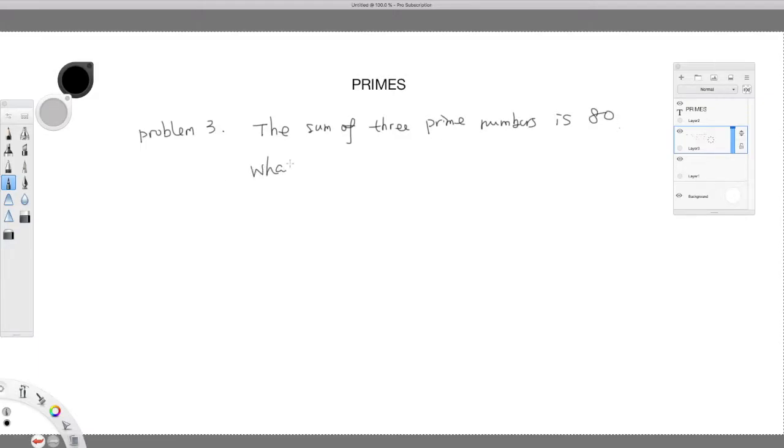What is the maximum value of the product of these 3 primes?